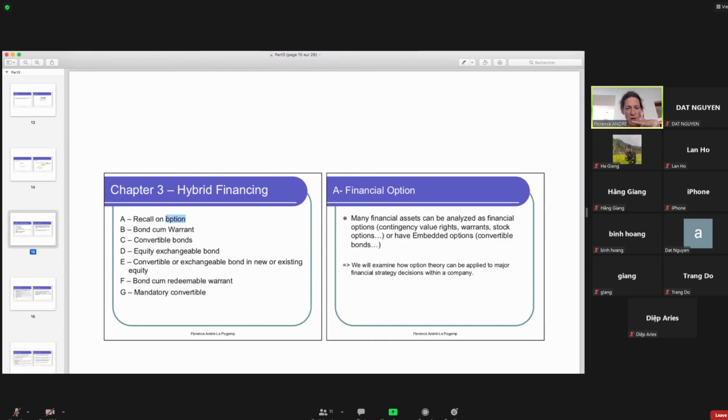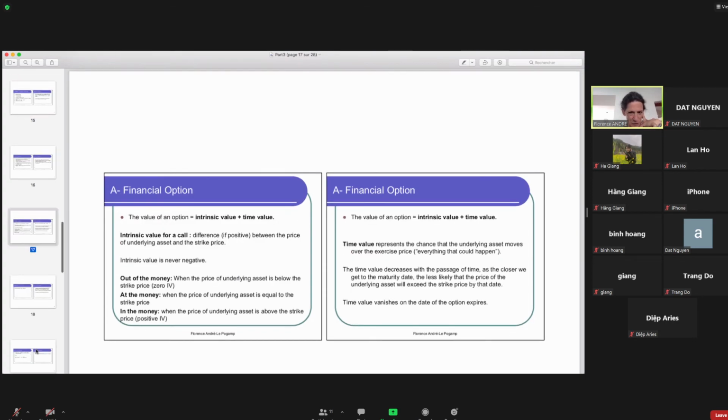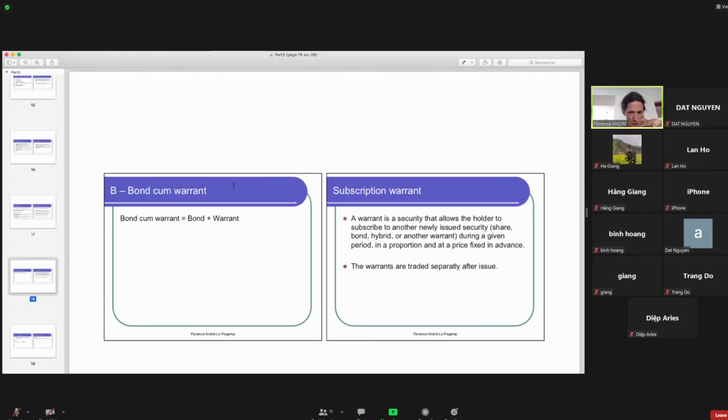The most popular hybrid financing instruments are the bond cum warrant, convertible bonds, and equity exchangeable bonds. We have different kinds of hybrid financing instruments, and I will give you some information about each.